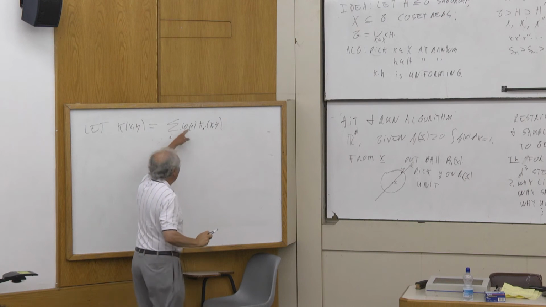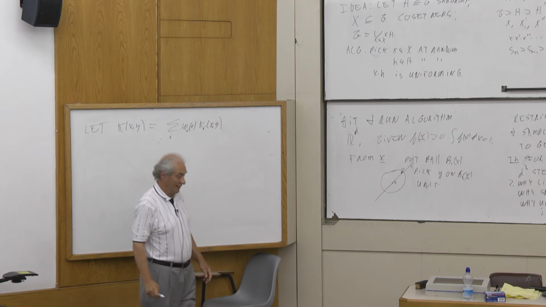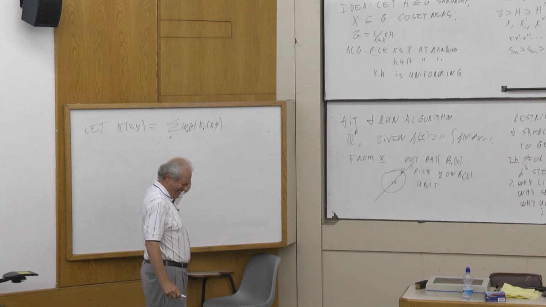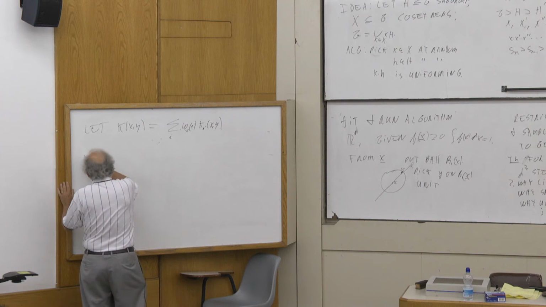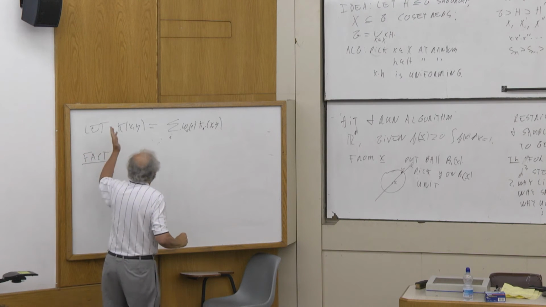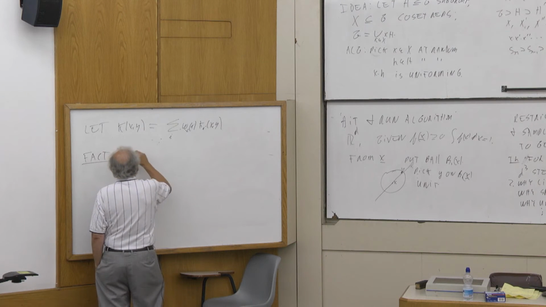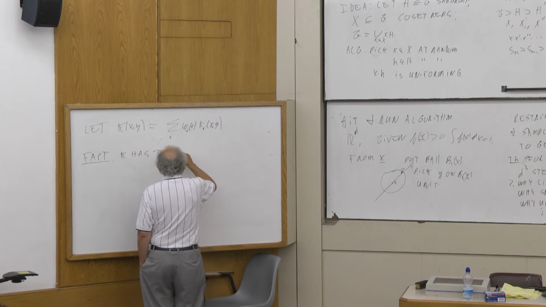So pick a line and then move on that line. That's the analog of hit and run. And so I don't know what to call it. I'll call it a fact, a proposition, lemma, something trivial. k has pi as stationary.